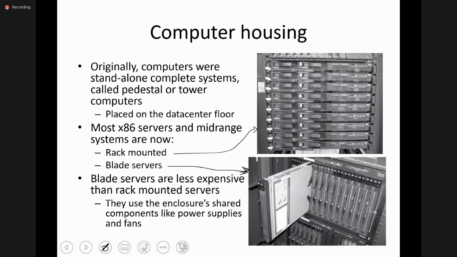The first one we call rack mounted, which is shown in the picture. The servers or hard disks are fitted in a horizontal way or shape. The blade servers are connected in a vertical shape.